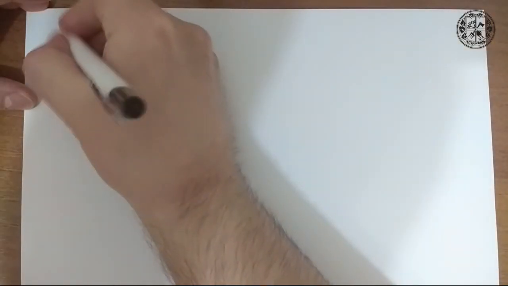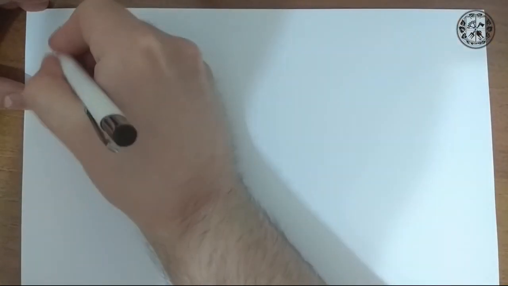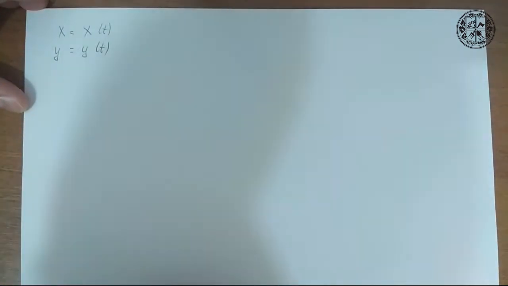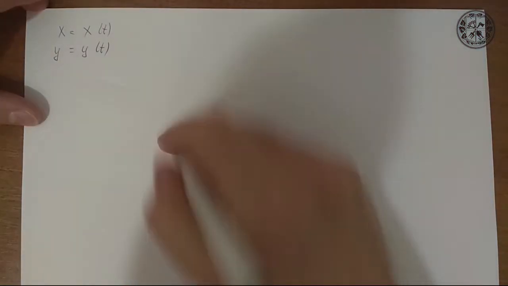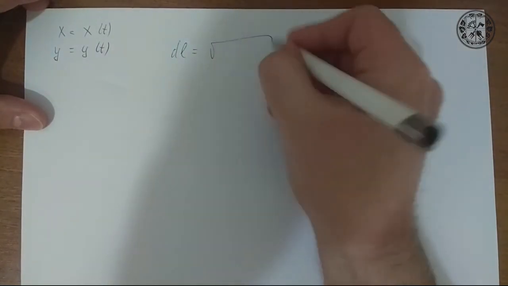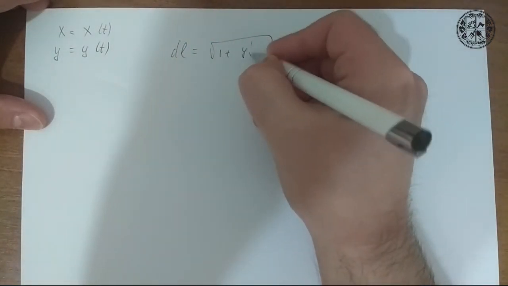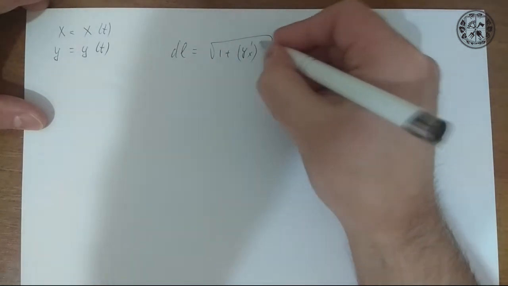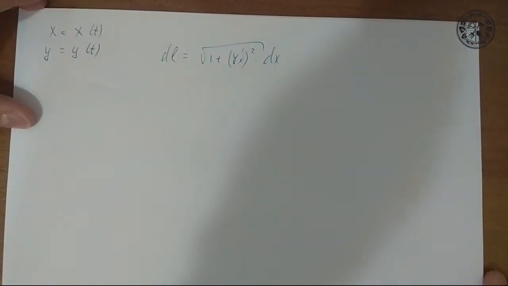Same when we have x equals x of t, y equals y of t, a parametric curve. Now we get dl, which is square root of 1 plus y prime of x square dx, but now x is not a variable, it's a function.